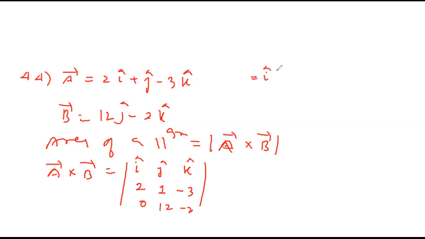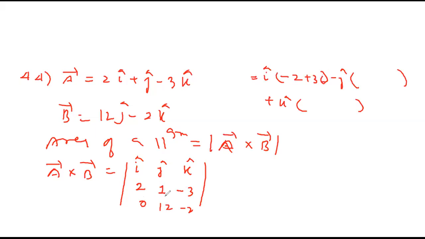So this is i cap bracket minus j cap bracket plus k cap bracket. Now to fill the bracket of i, forget about the i column. 1 into minus 2 is minus 2. Minus minus plus, 12 3s are 36.